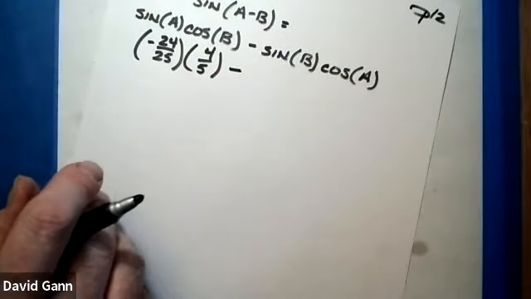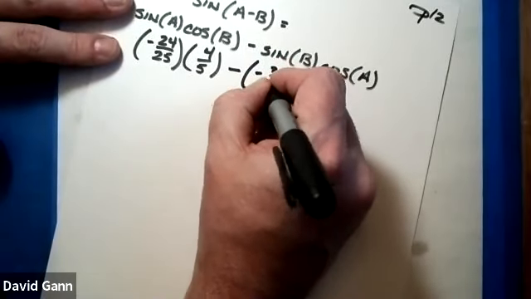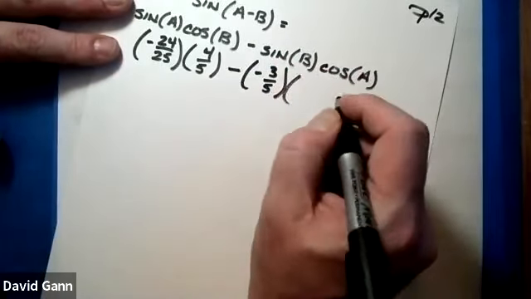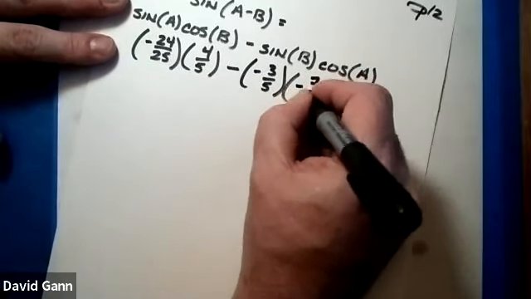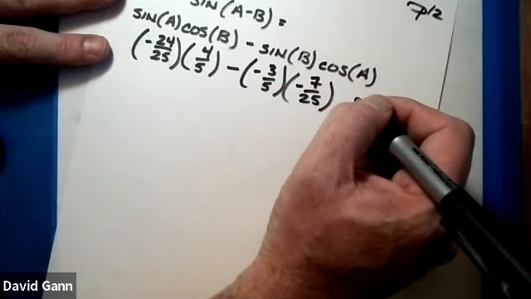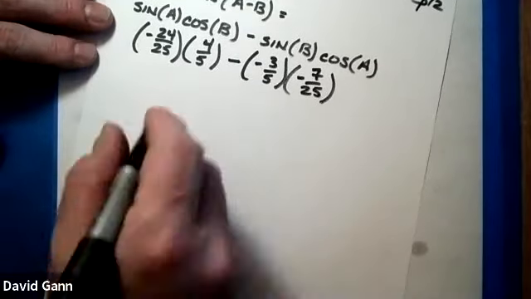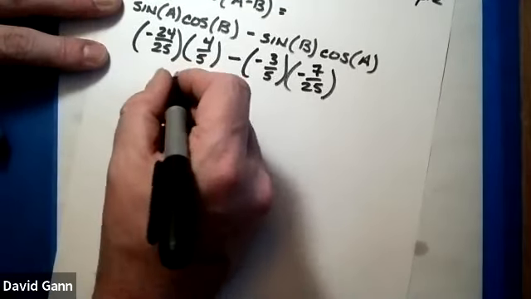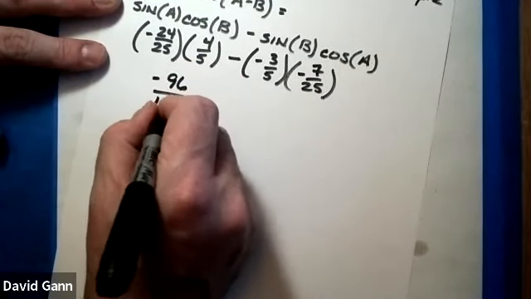Minus sine of B was given in the problem as -3/5. And cosine of A was given in the problem as -7/25. So when we simplify this, I think you end up with -96/125.